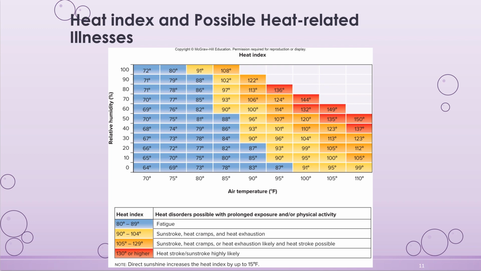Symptoms include confusion, rapid heart rate, dry skin, and loss of consciousness. Again, it's crucial to be aware of the heat index and take appropriate precautions to prevent heat-related illnesses. Prompt recognition and treatment of any heat-related symptoms are essential for maintaining health and safety during hot weather conditions.